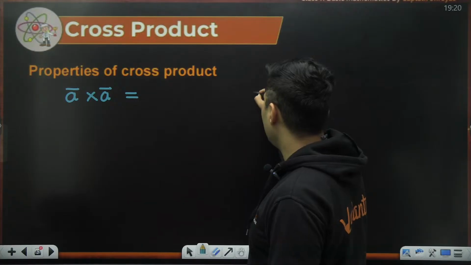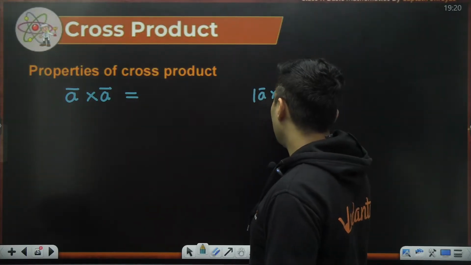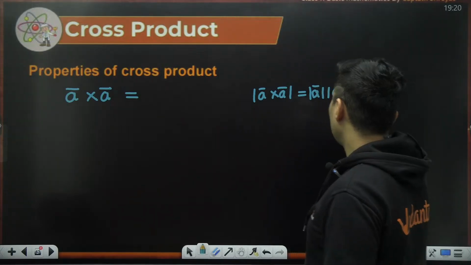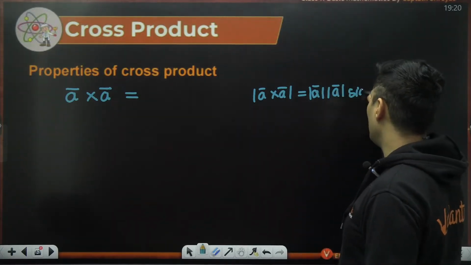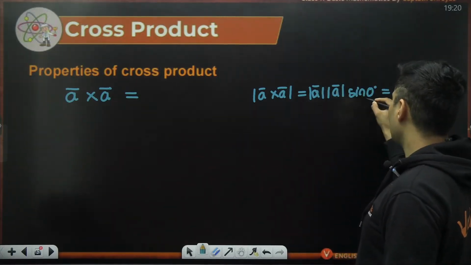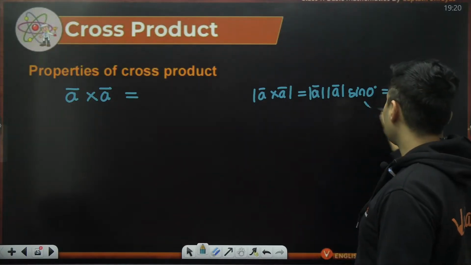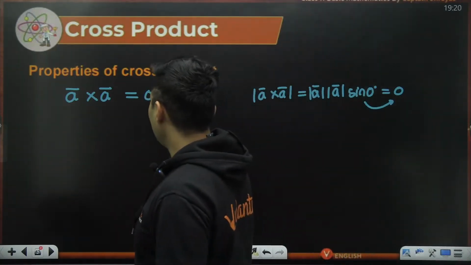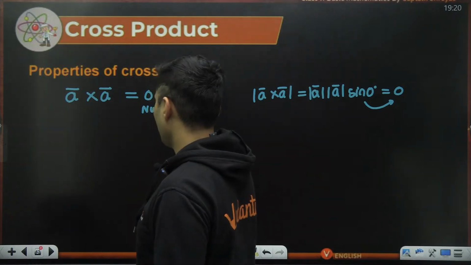Well, if you look at the magnitude of A cross A, it will be magnitude of A into sine of the angle between them. Sine of 0 is 0, so it should be 0. So 100% it will be a null vector.